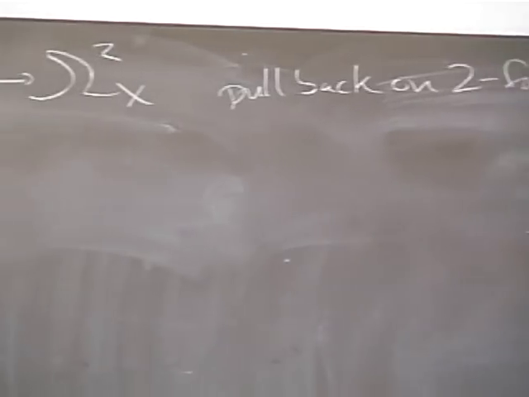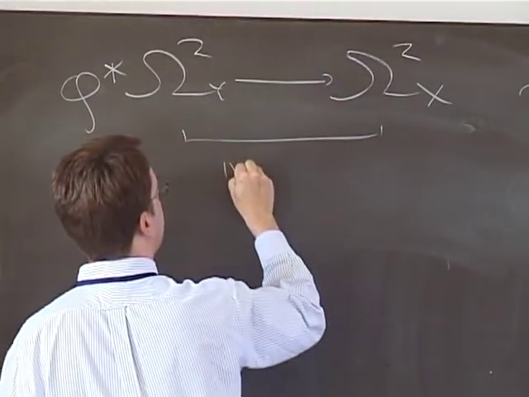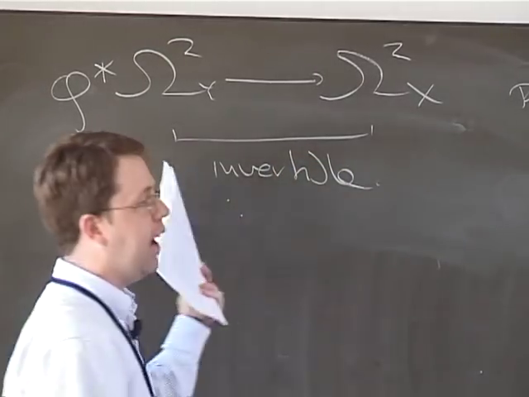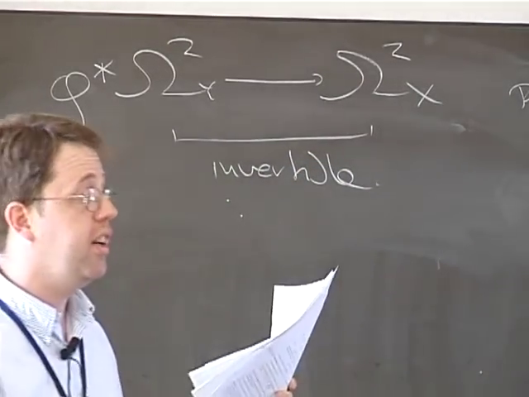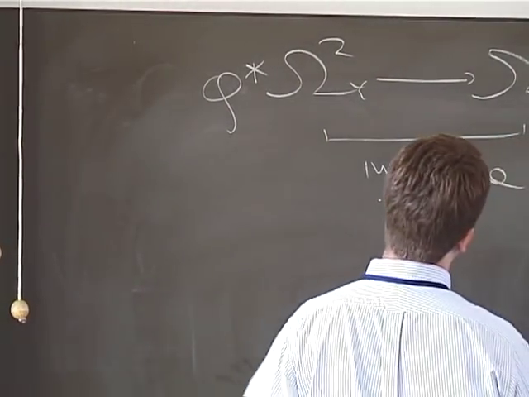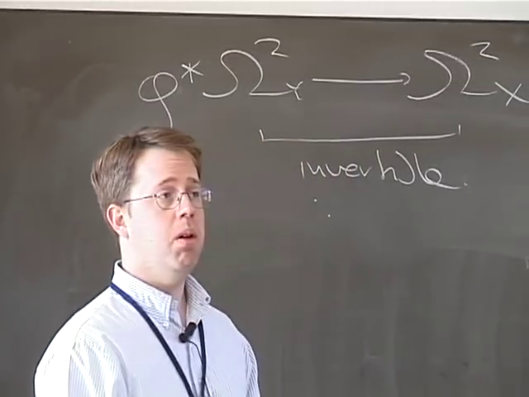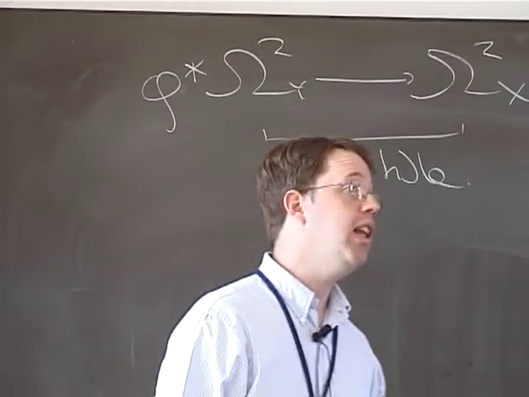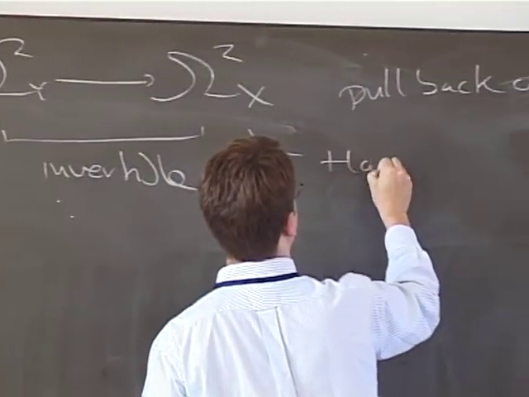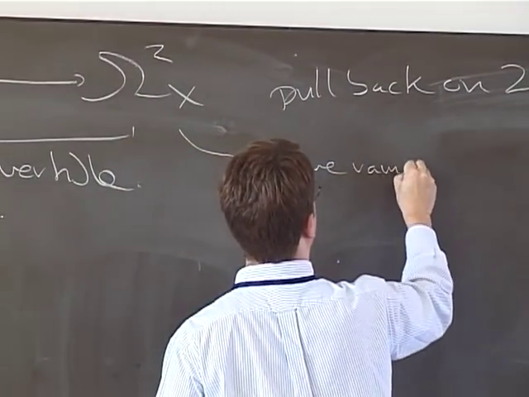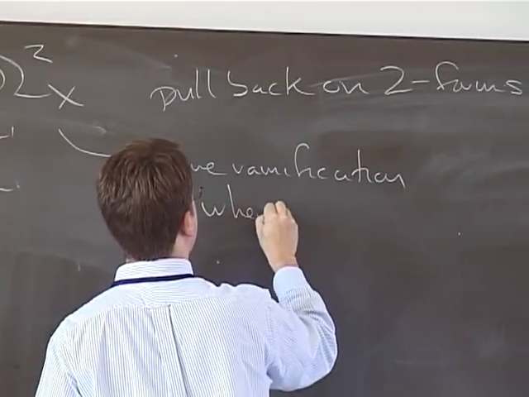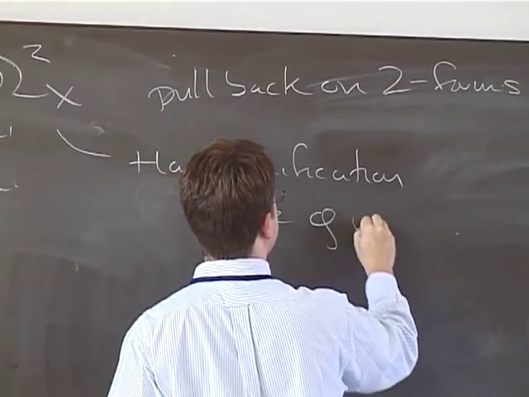Now, these are both invertible sheaves, because X and Y are non-singular. These are rank 1 sheaves. But this is definitely not an isomorphism, because we definitely have ramification where phi is not an isomorphism.